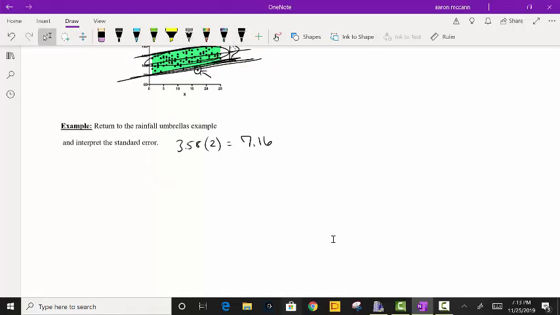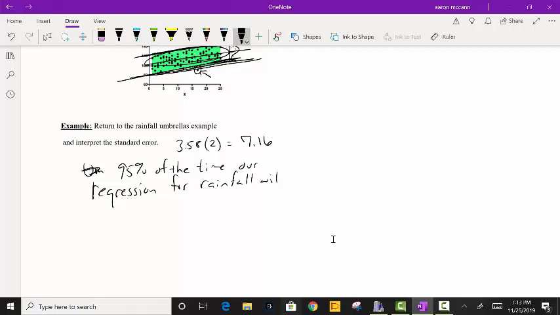So for our rainfall umbrellas example, we can say 95% of the time, our regression for rainfall will predict umbrella sales within plus or minus 7.16 units.